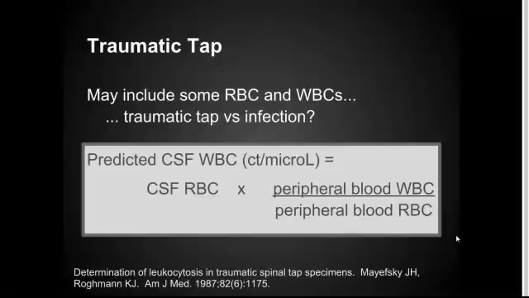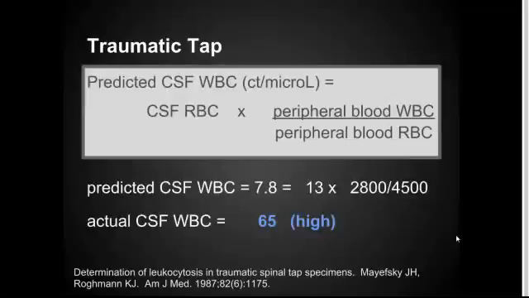So using this formula, you can calculate what should be your predicted white blood cell count in the CSF. We did this for her, and the predicted CSF white blood count should be 7.8 given 13 red blood cells that we saw in the CSF. And our actual CSF count of the white blood cells was 65. So I think it's pretty safe to say that this is from an inflammatory response such as infection and not just from a traumatic tap.